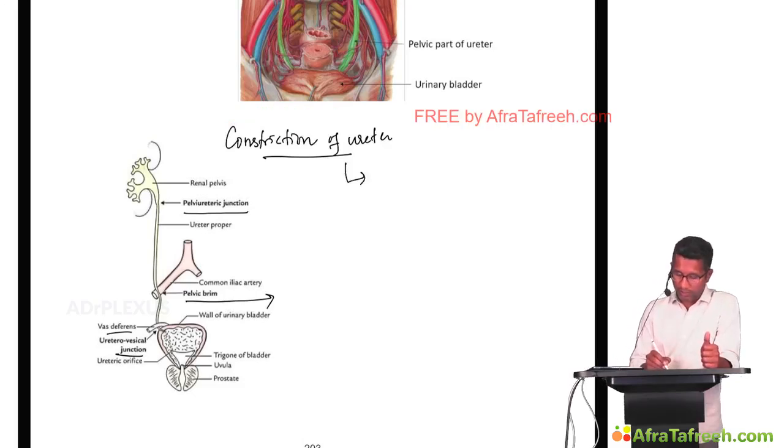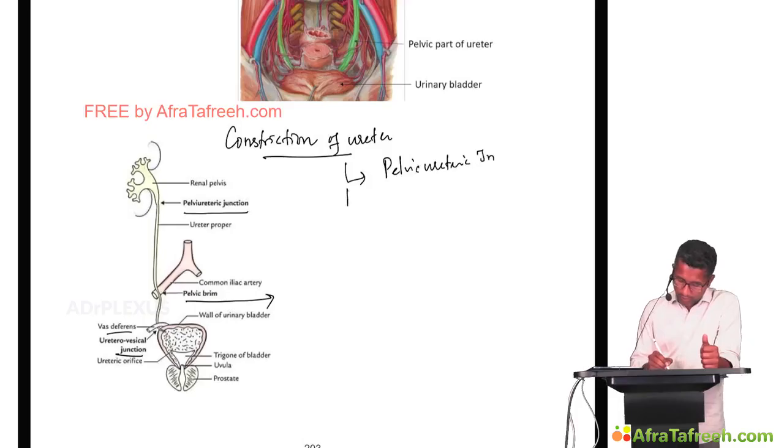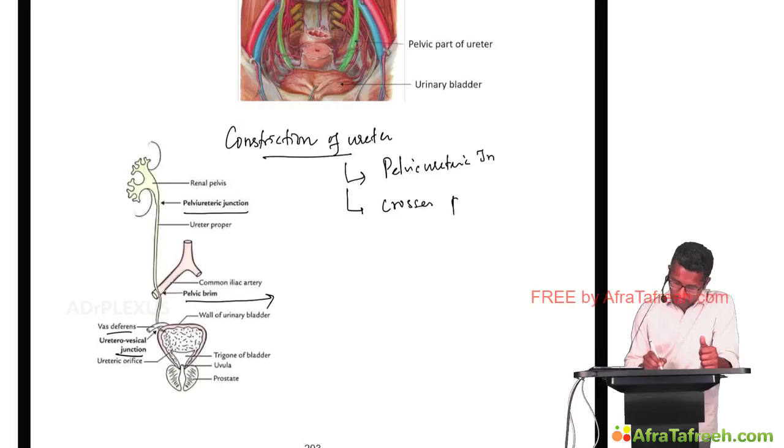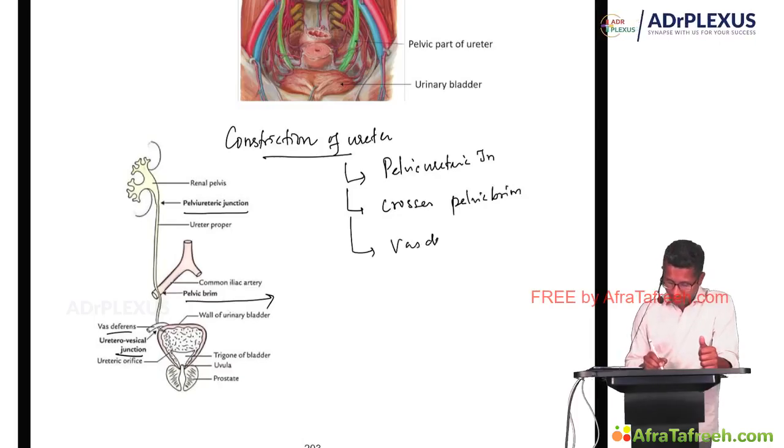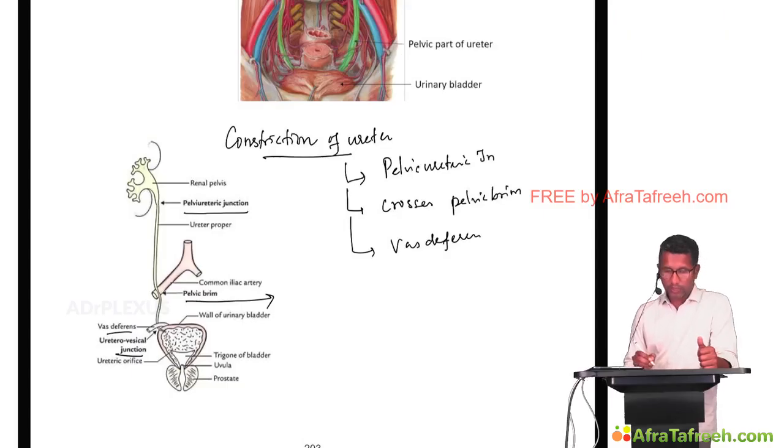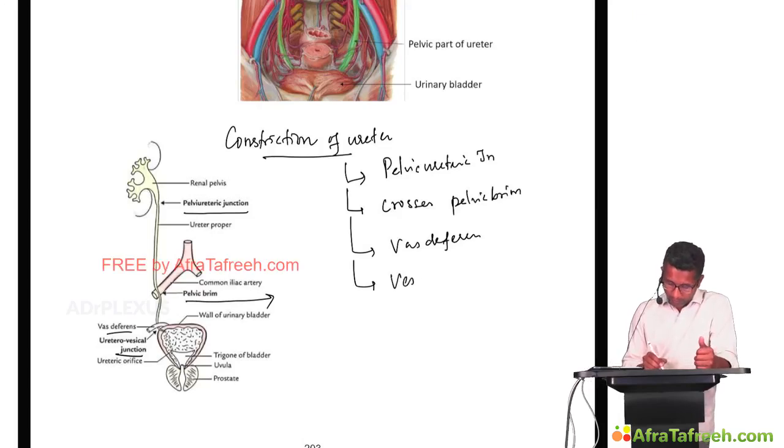So where are all the constrictions seen? At the pelvic ureteric junction, at the pelvic brim when the ureter crosses it, when the vas deferens crosses the ureter, and at the point where the ureter enters the urinary bladder, the vesicoureteric junction.